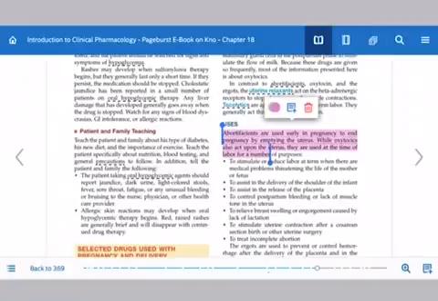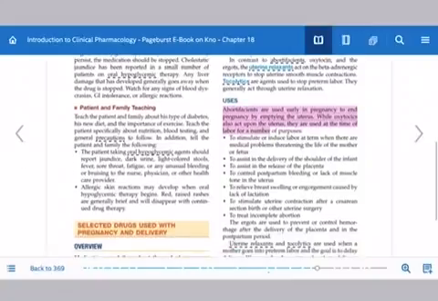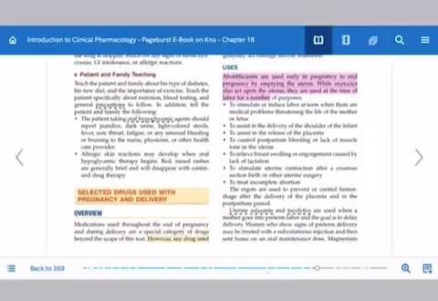It says they stimulate or induce labor at term where there are medical problems or life-threatening issues to the mother or fetus, to assist in delivery of the shoulder or infant, to assist in the release of the placenta, to control postpartum bleeding or lack of muscle tone, to relieve breast swelling or engorgement, to stimulate uterine contraction after a cesarean, and to treat incomplete abortion. And then the ergots that were mentioned a little bit ago are used to prevent or control hemorrhage after the delivery of the placenta and in the postpartum period.